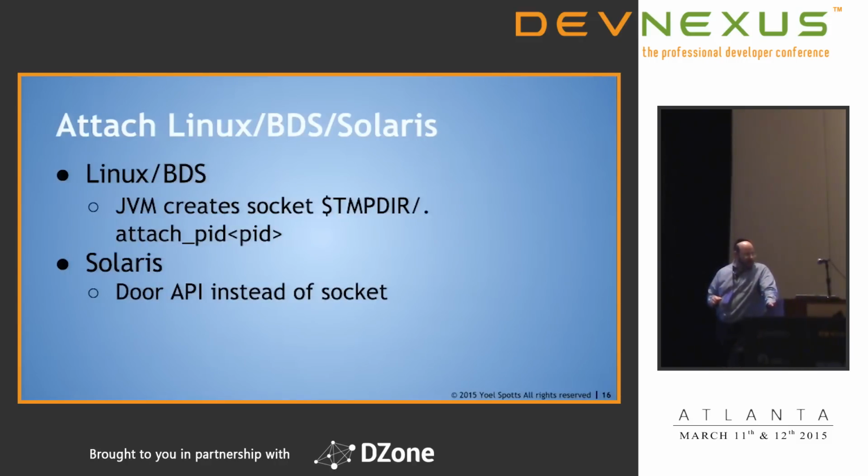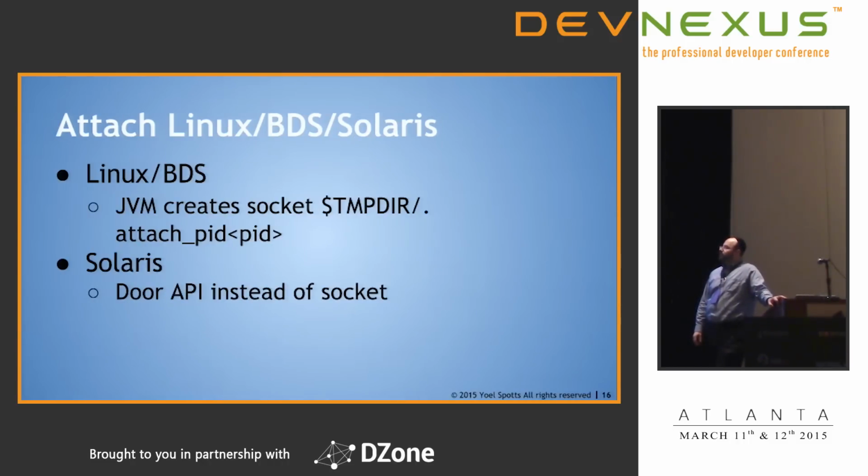So, on Linux and BSD, also on a Mac system, the attach API will actually create a socket, and if you use the attach API, you'll be able to see that socket on the file system in temp, and it's got the prefix attach with the PID as a suffix. So it'll create a socket, and the attach API client and the JVM will communicate through that socket, again completely transparent to the client.